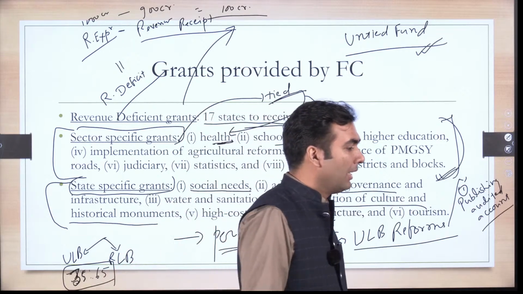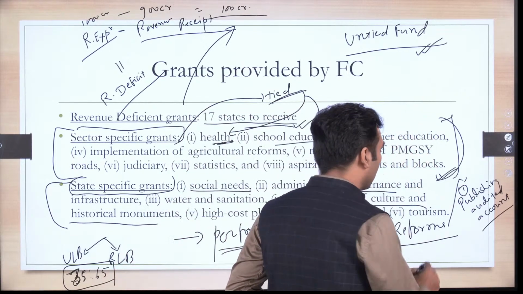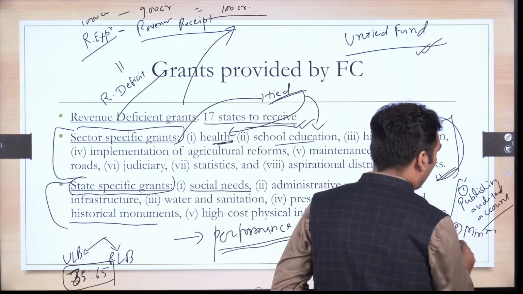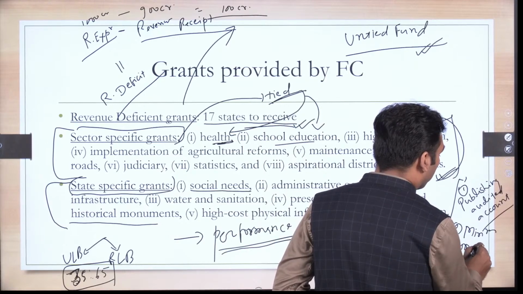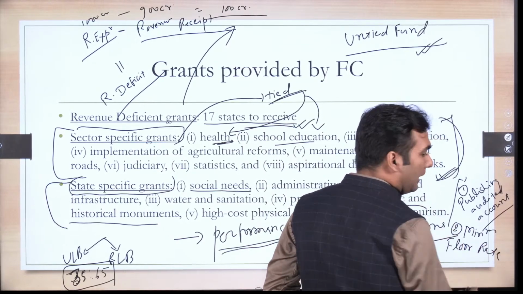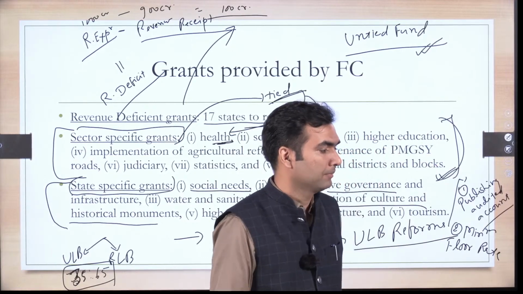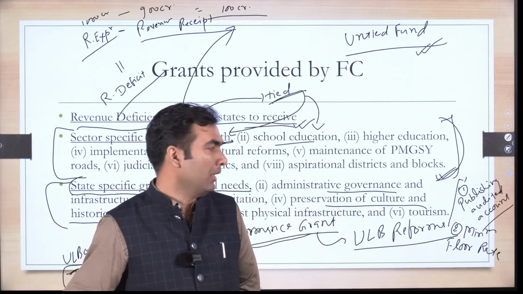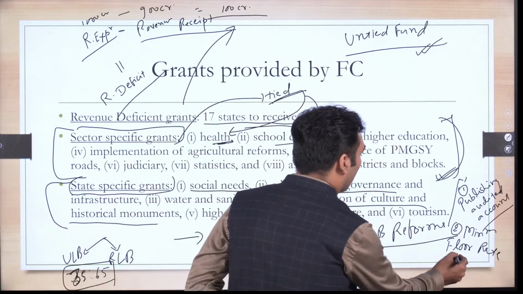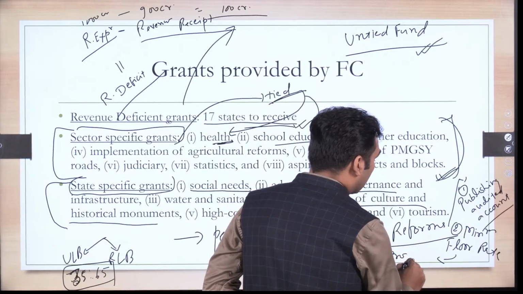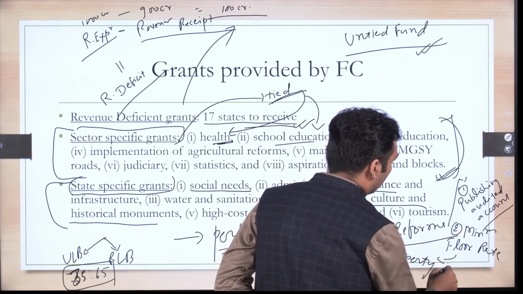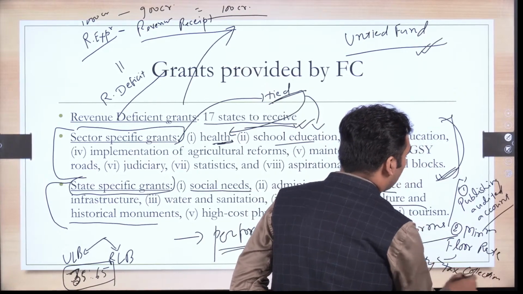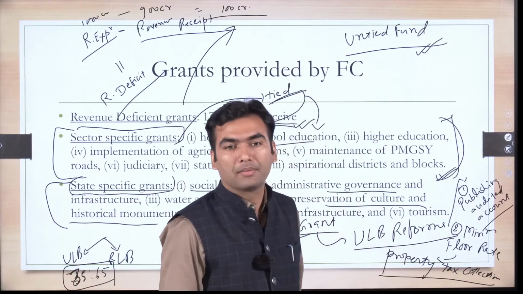Second is that the minimum floor rate for property tax collection must be fixed by the state government.